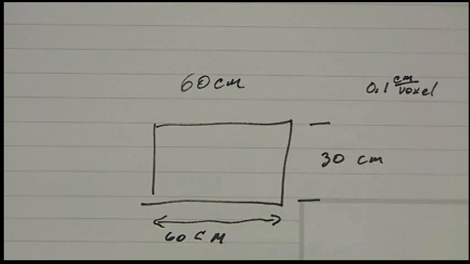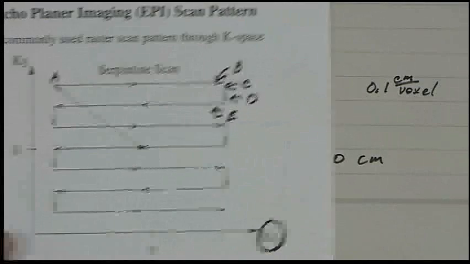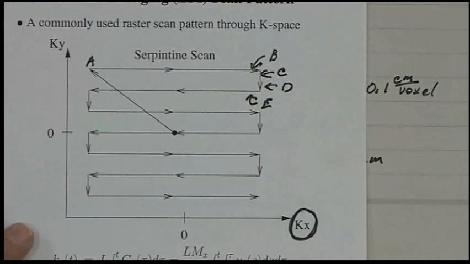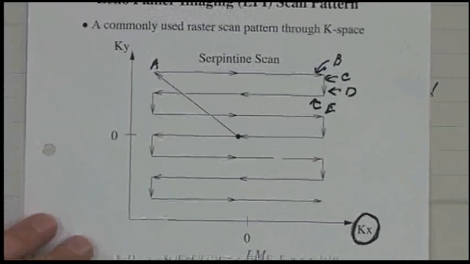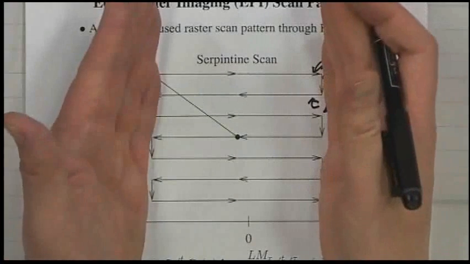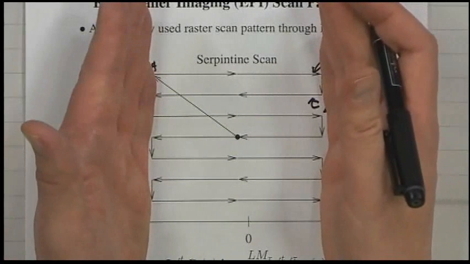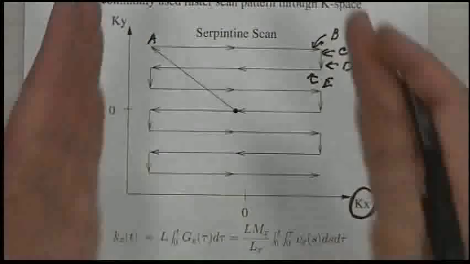So how do I pick the spacing here? Any thoughts? So what should this dimension be here? That's in Kx.